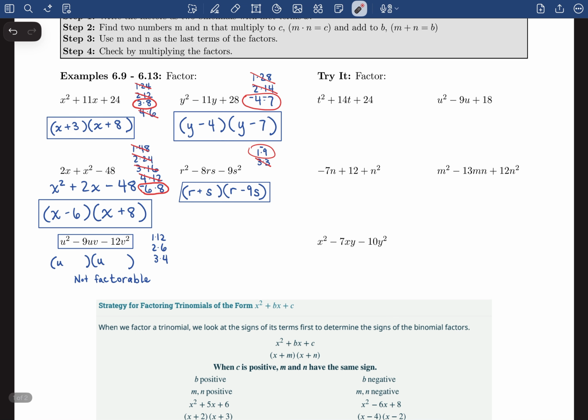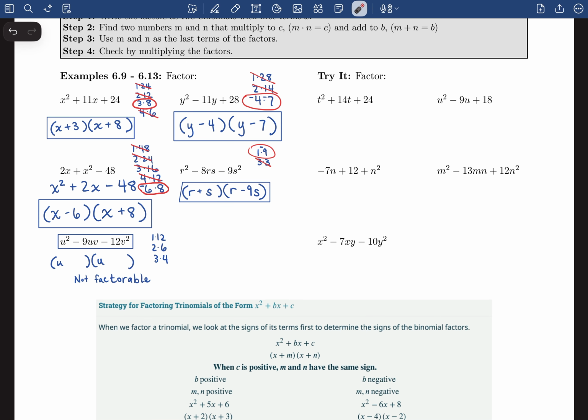Now I want to go over something very specific about the signs of these trinomials. In the examples that we did, we had a plus-plus situation, where we had plus signs between the terms, then a minus plus situation, a plus minus situation, and a minus minus situation. All 4 of these were technically distinct factorings of trinomials.